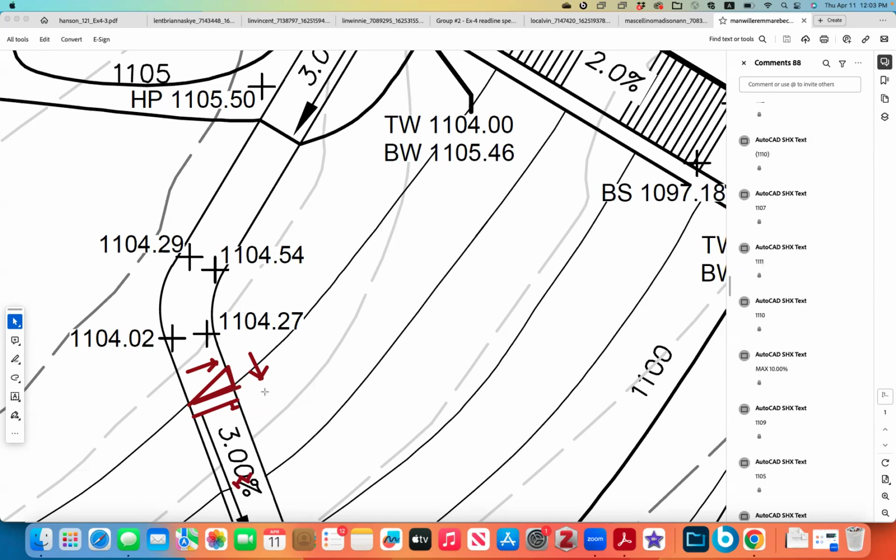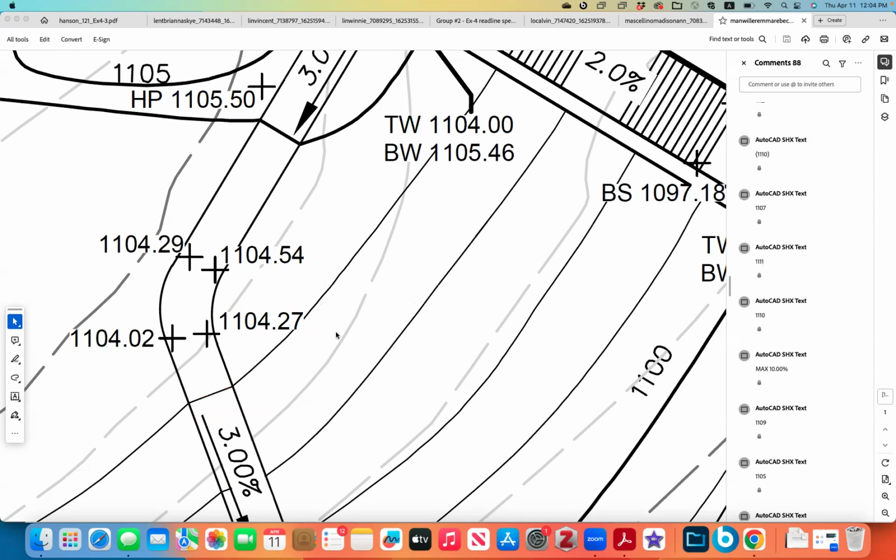There's a proportion: 5%, 2%, 2.5 times. That's their ratio, and essentially this line will be 2.5 times that line. So you don't need a really complicated calculation. You just use that ratio, and you should be able to do the side slope pretty quickly.